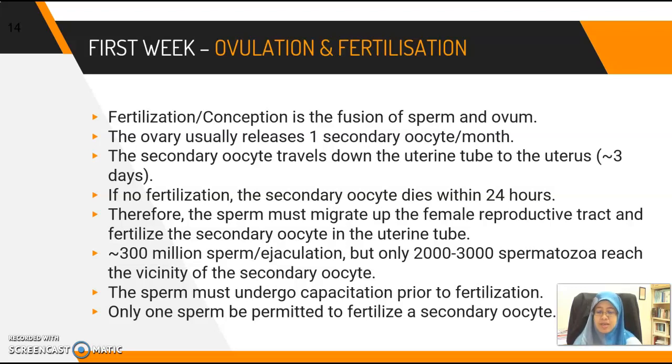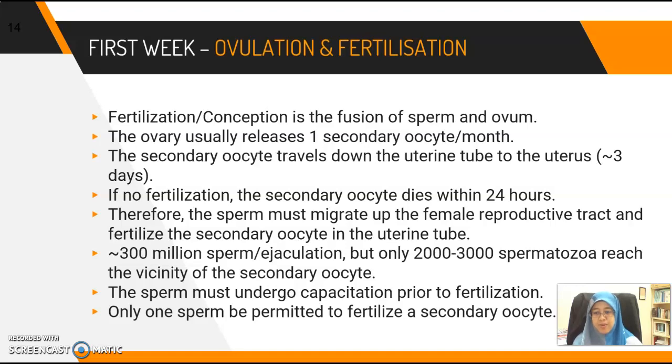They remove the glycoprotein so that the receptors are available. At the same time, the membrane becomes very permeable so that it can release the lytic enzyme that can penetrate the wall of the secondary oocyte.